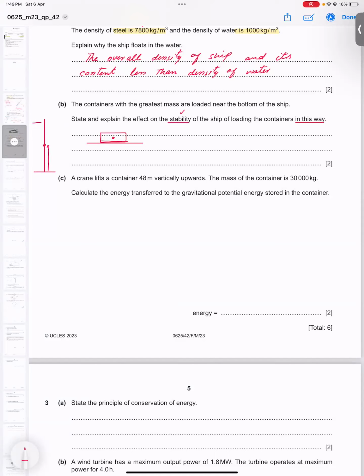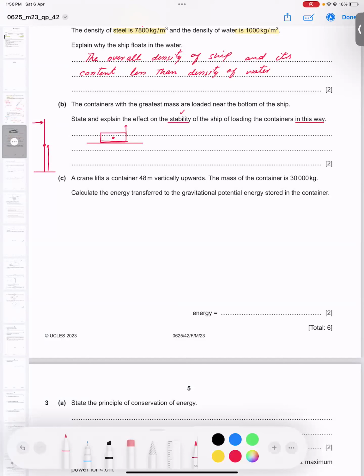So if I apply a small force, then this will be unstable and this body will not be back to its original position. But if I lift this book up and drop it, it will be back because its center of gravity is close to the surface. So you can use this concept here.